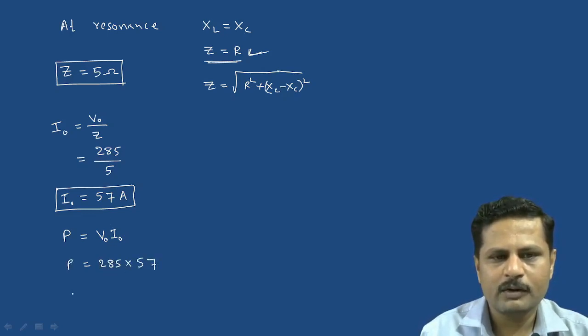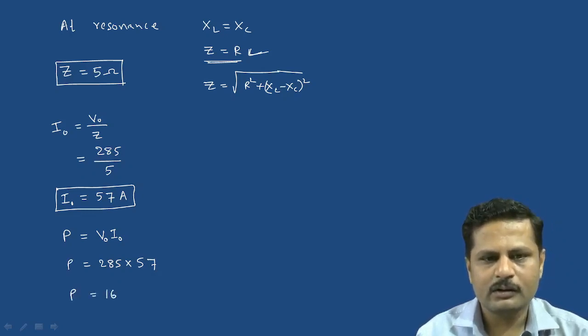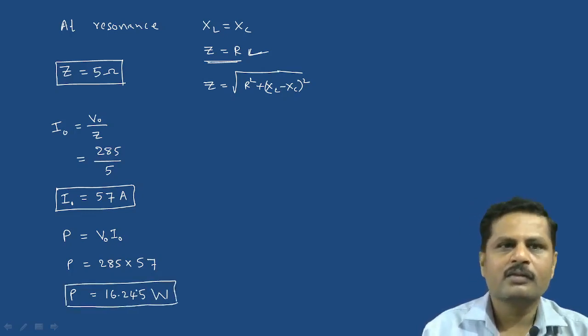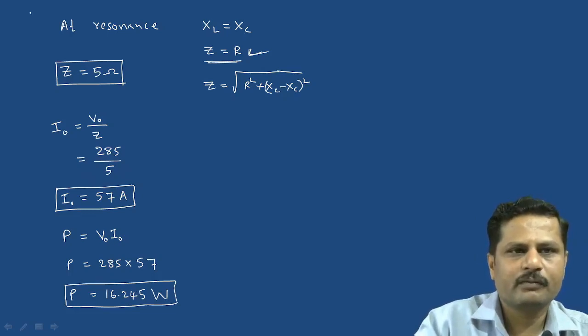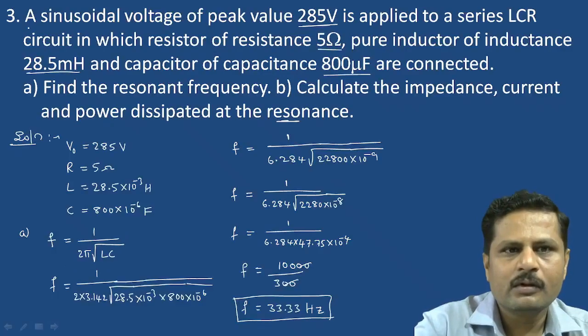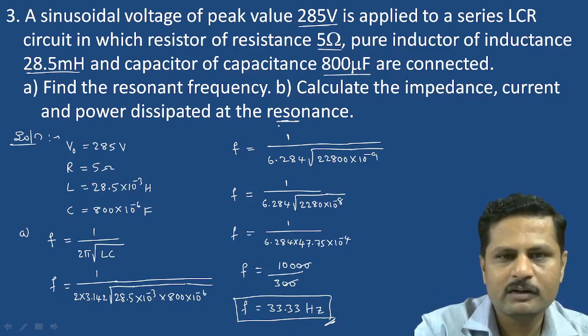So power dissipated in the circuit is equals to 16,245. This is part B. So we calculated resonant frequency as well as impedance, current and power dissipated at resonance.